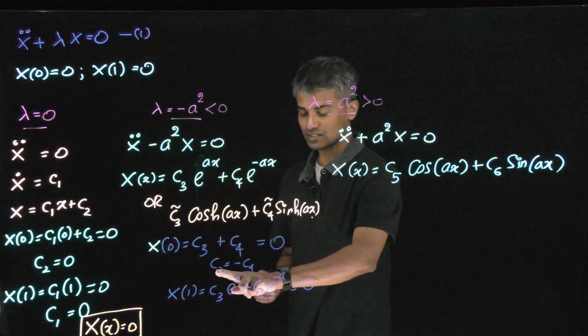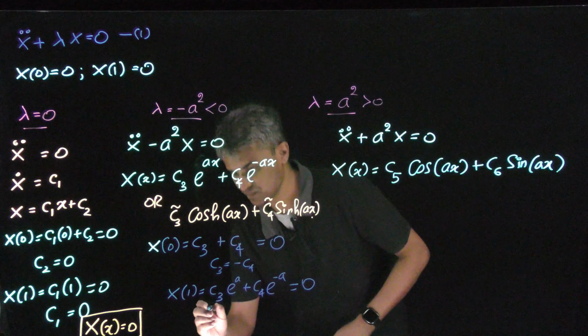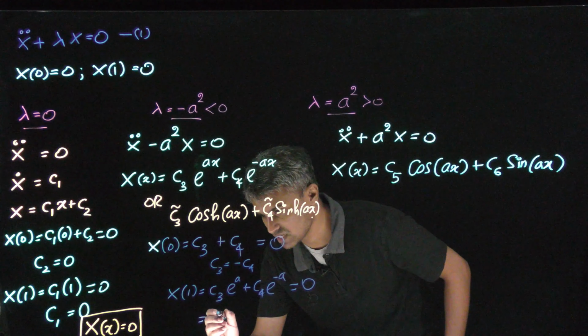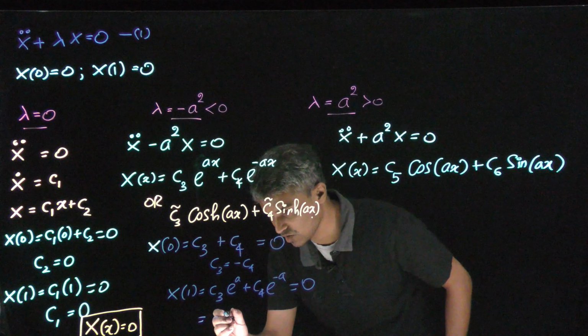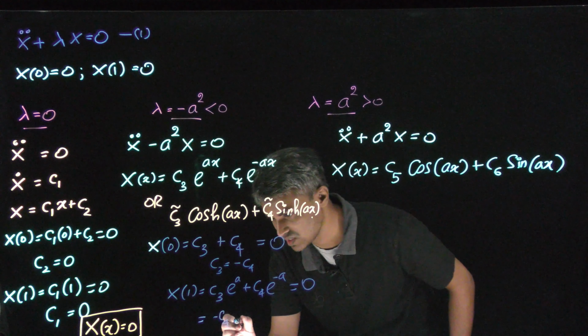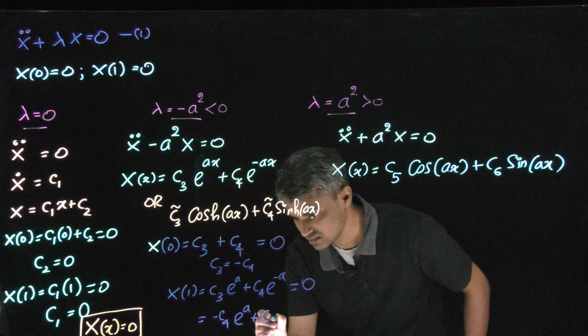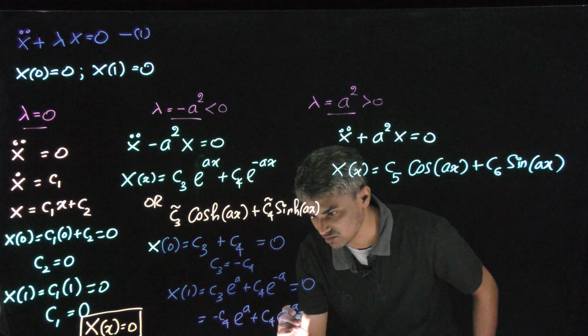Since c3 equals negative c4, we can write this equation in terms of the c4 variable only. So we have negative c4 e to the a plus c4 e to the negative a equals 0.